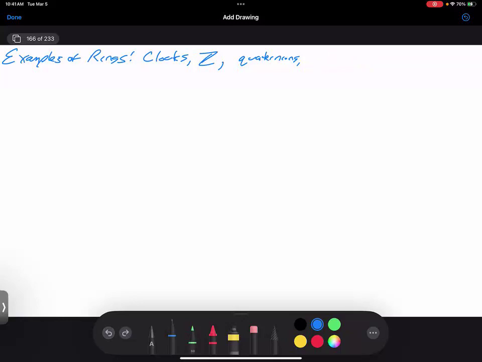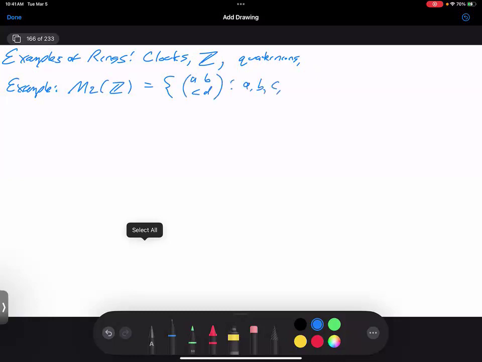Can somebody give me another example of a ring? Matrices. So let's let M2 of Z be the set of all matrices with entries A, B, C, D, where A, B, C, and D are integers. Is this a ring? Yes. So this is a ring.